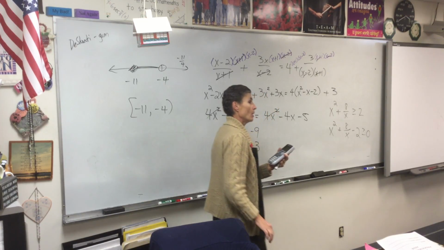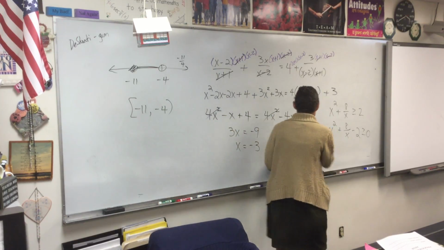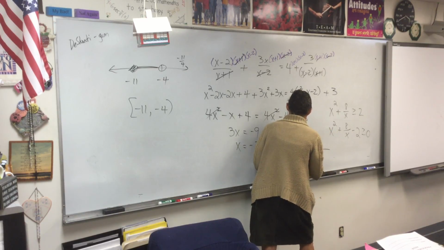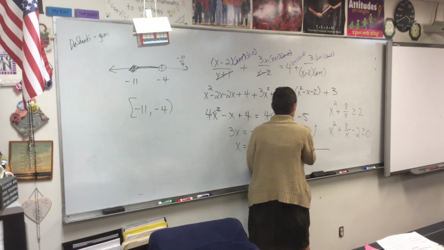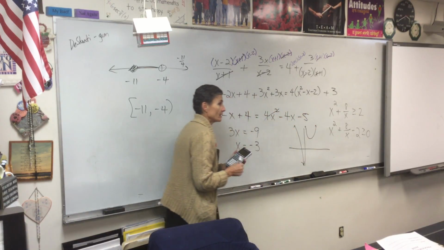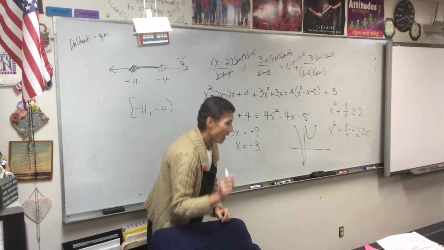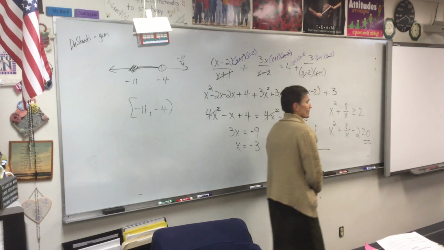And we want to know where it's greater than 0. Now, did you get a shape that looks something like this? I know you can't see the arrows, but does it look something like that on your calculator?